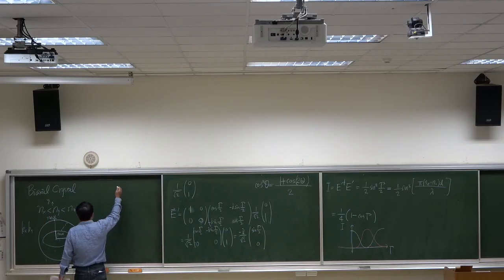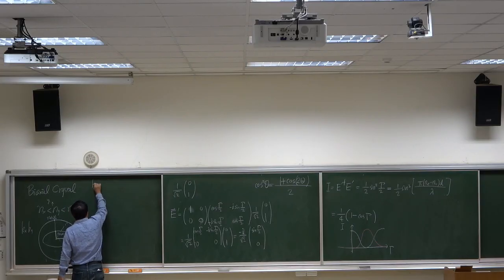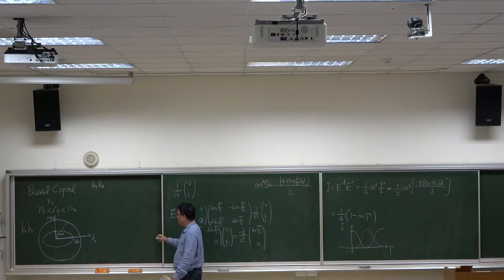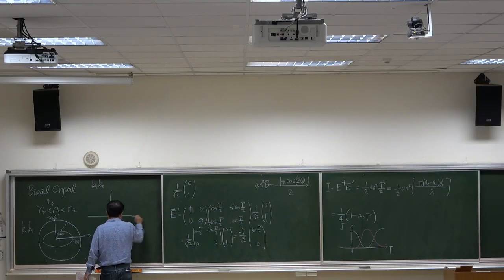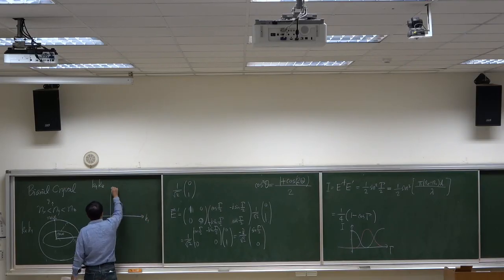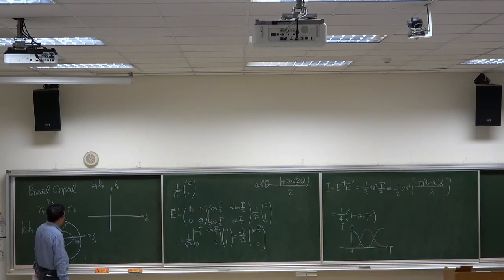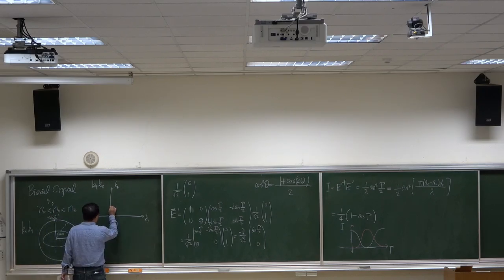Now in the ky-kz plane, we have this ky and kz. So here we know that we have a small circle and we have a large ellipse.